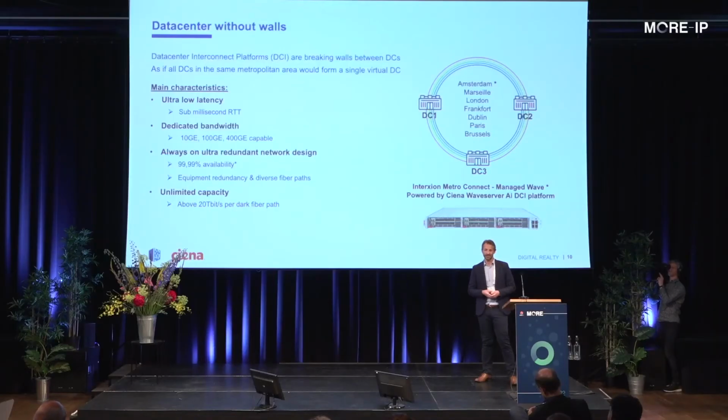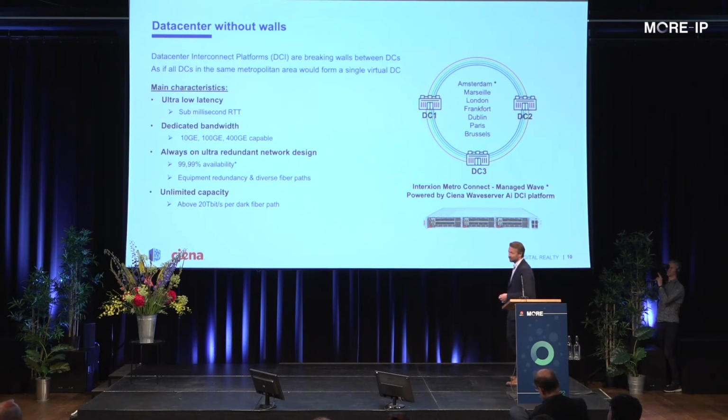And I think the SLA that Interxion is offering, the lowest SLA is 4.9. You've got all the equipment redundancy, diverse fiber paths, and it's very, very secure connectivity with almost unlimited capacity. On one dark fiber pair, you can transport 20 terabit and even more depending on the technology you are using.